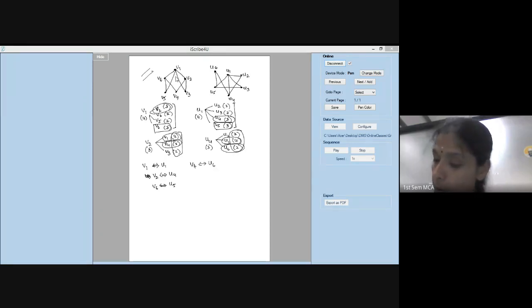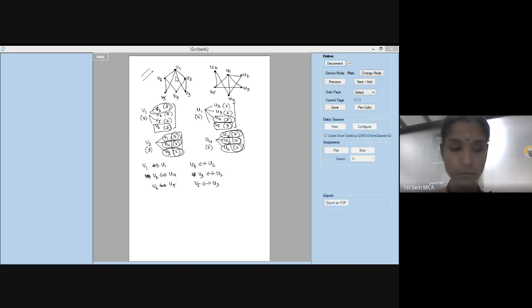And so we are done with 1, 2, 6. V3 can be made equivalent to U2. Alright, so leftover is only V5, which I can make equivalent to U3. Okay, so this is how I try to make it.